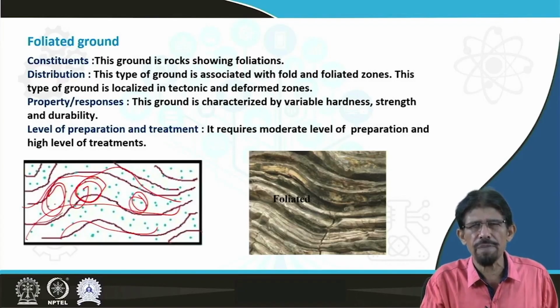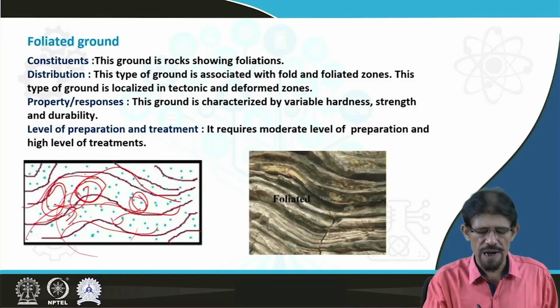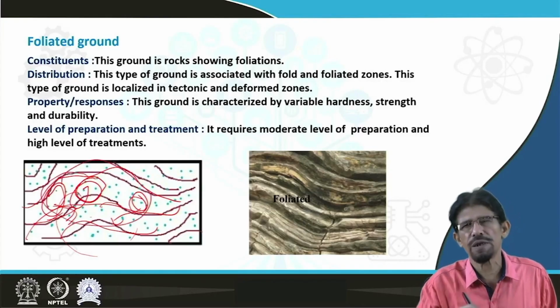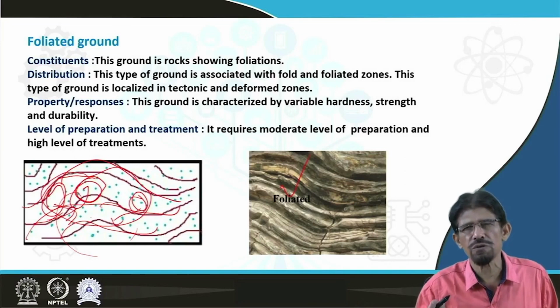Therefore, there is a variation in hardness, strength and durability of such rock. It requires a moderate level of preparation, no problem, but a high level of treatment due to heterogeneity in the response of this strata. Here, this view you can see is also taken from the deformed part of the Vindhyans, particularly in the Kajarhat area.